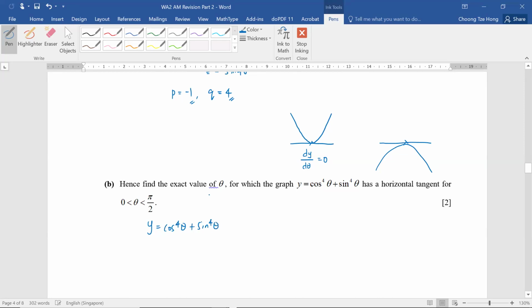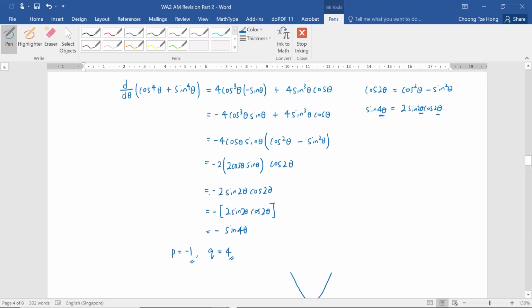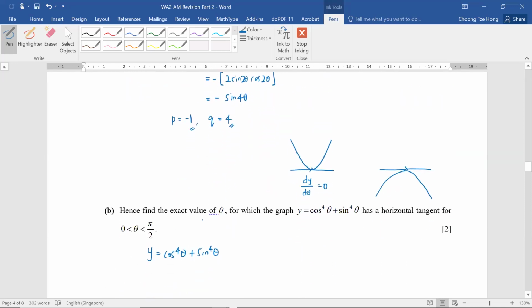As you can see from here, the function is actually the same as part A, right? So if we do dy d theta, we should be able to get negative sine 4 theta straight away, without doing any working. Okay, so we are going to equate this to 0, and then solve for theta, right?